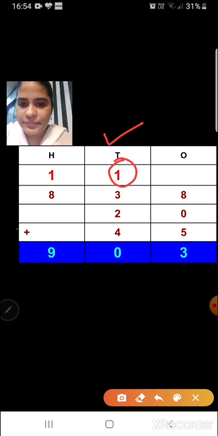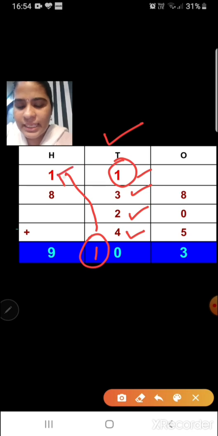Don't forget it. 1 plus 3 is 4. 4 plus 2, 6. 6 plus 4 is 10. So here I have got 10. This number 1 will go up as carryover in the hundreds place, and 0 will be here in tens place.